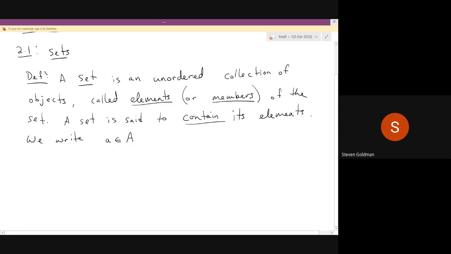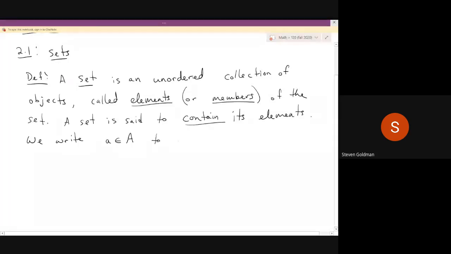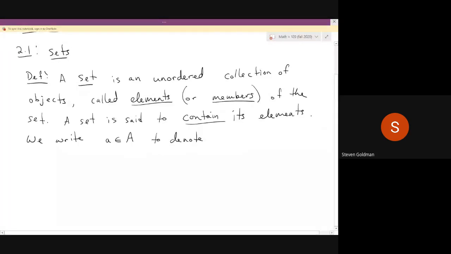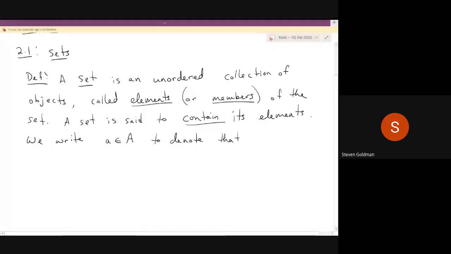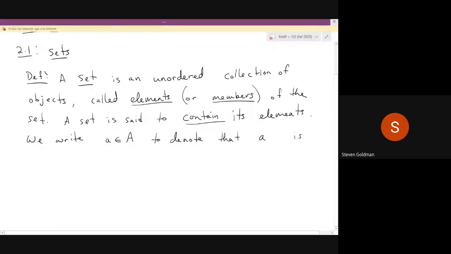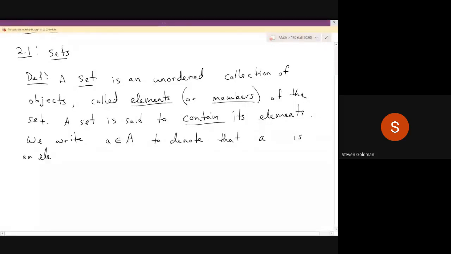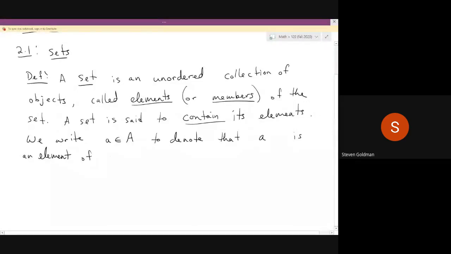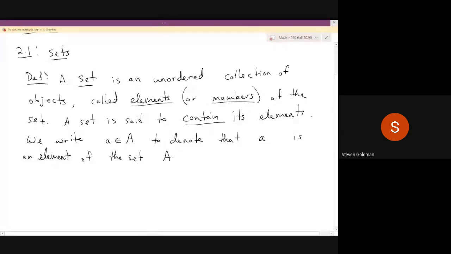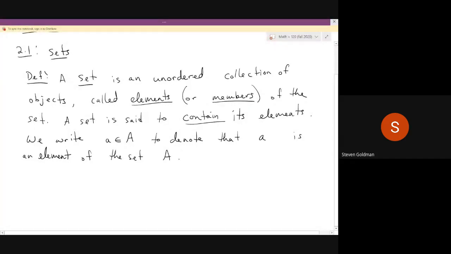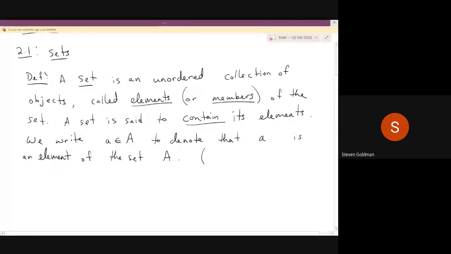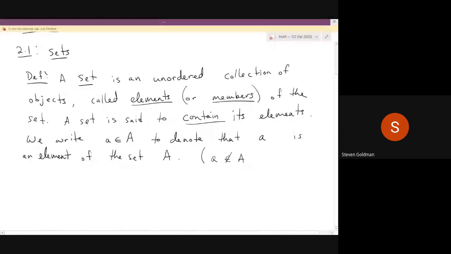That E-looking thing means element. a is an element of the set A. We use this to denote that this lowercase letter a is an element of the set A. The capital letter represents the set. If I want to say something is not an element of a set, it's not in the collection, I just put a slash through my symbol: a ∉ A. This means a is not an element of A.